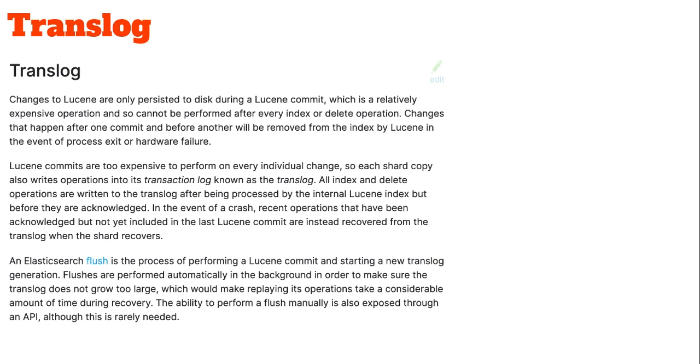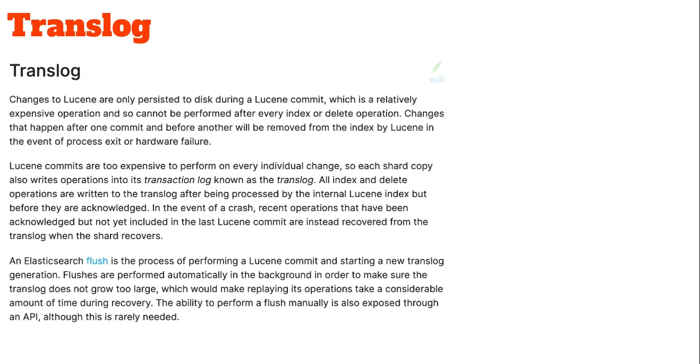And as soon as we write in a translog, this translog is synced across all the replica shards, and only then is the client told that, okay, whatever data you have sent for indexing, yes, it is indexed.